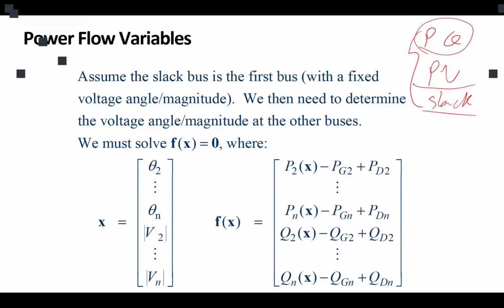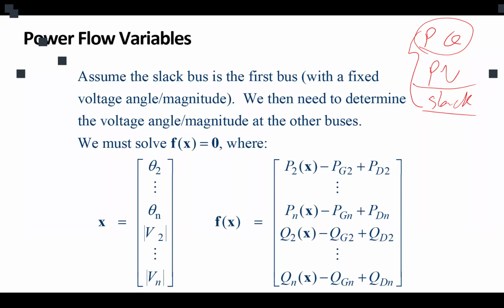You choose one of the buses as a slack, it doesn't matter which one, and you consider that as the reference. So the voltage of that slack bus is always 1 per unit, and the theta is always 0.